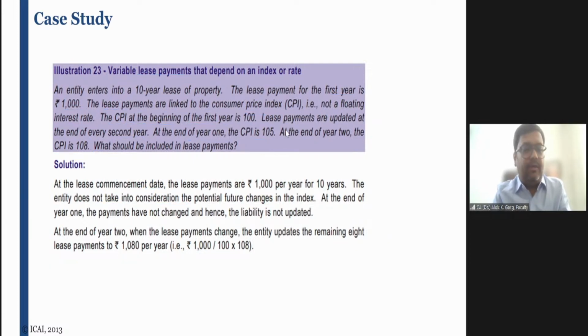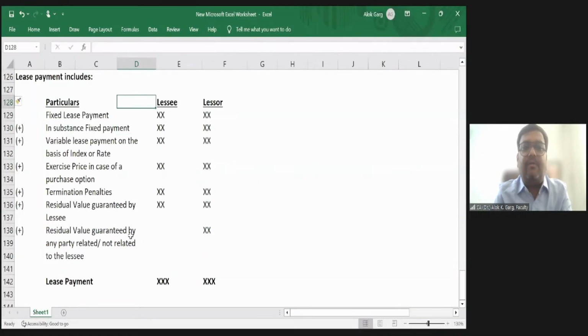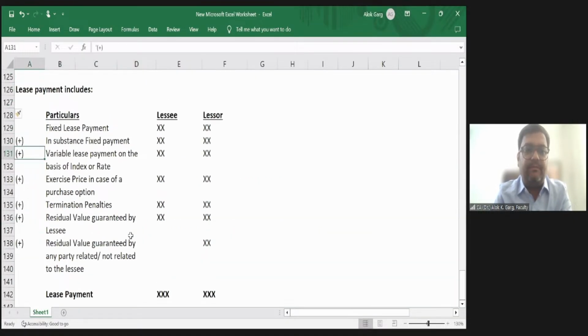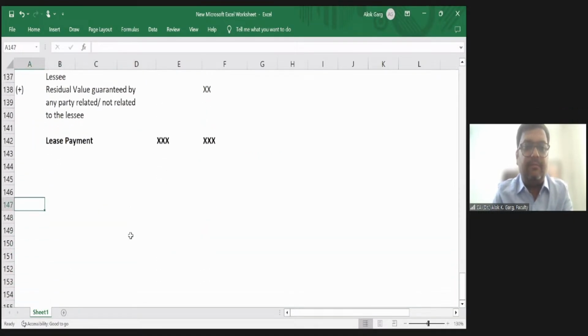So let me quickly discuss one question on the Excel file, that is, how this lease payment works. For example, the lease contract is for 5 years.